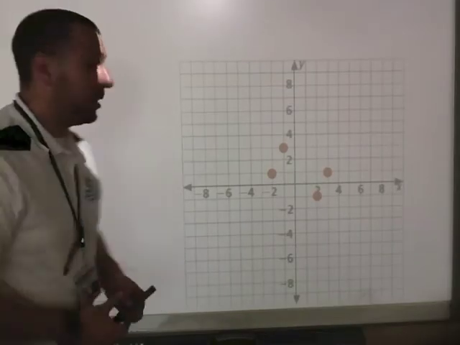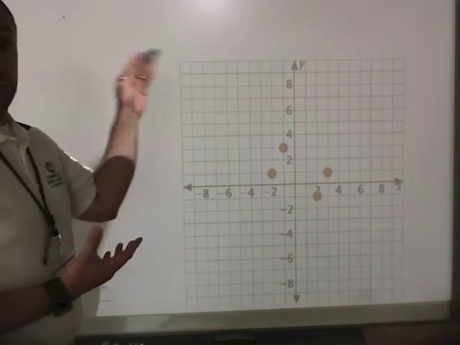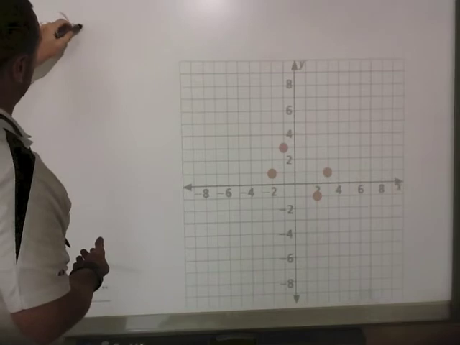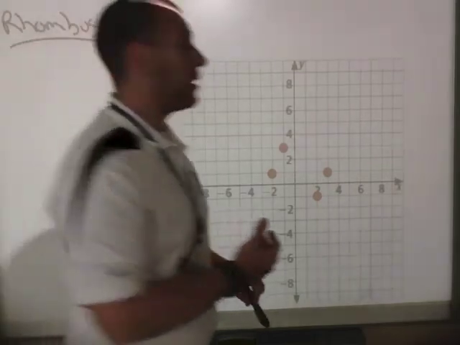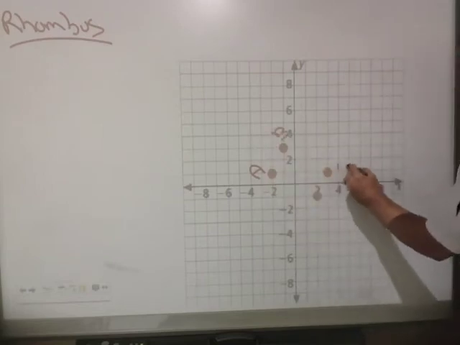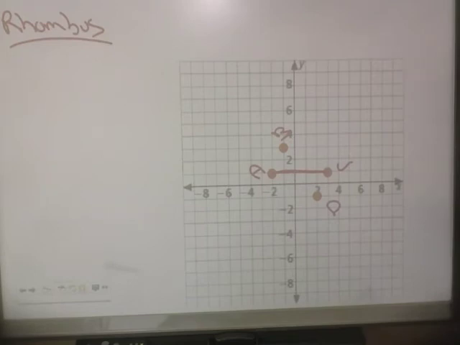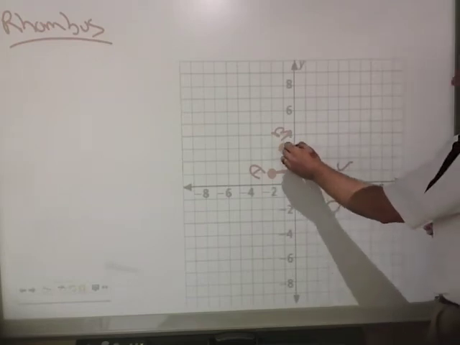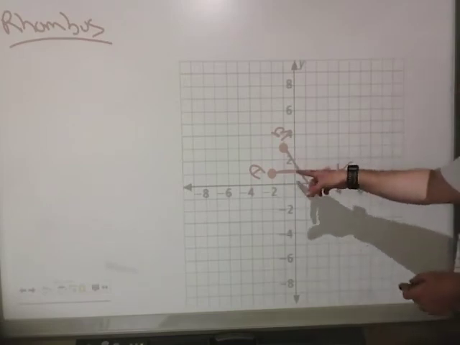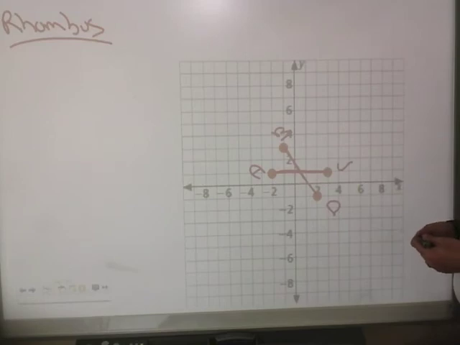Now for others, it's not going to fit that definition. So if I check this for a rhombus, I have to check, is A to C going to be an opposite reciprocal of B to D? Even just looking at those lines, I can tell this is not going to be a 90-degree angle.